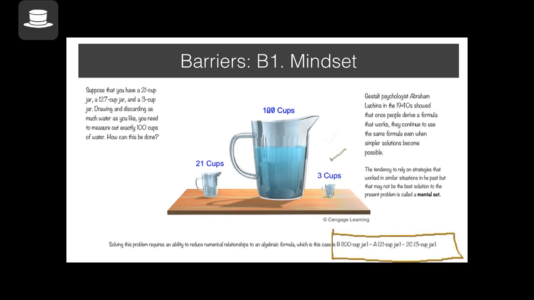Then he presented a very simple problem that requires just 1 cup to draw the water out. What he found was that since the participants saw the utility of using a particular formula over and over again, they would employ the same formula even for simpler problems.